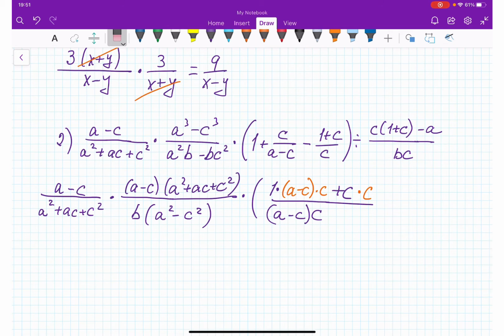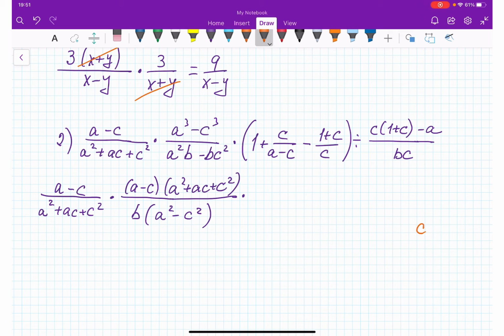Tell you what, every time I'm jumping one step ahead, I change my mind and come back. So (a − c) times c is going to be our common denominator, right?